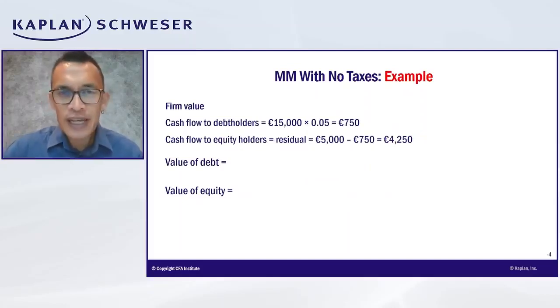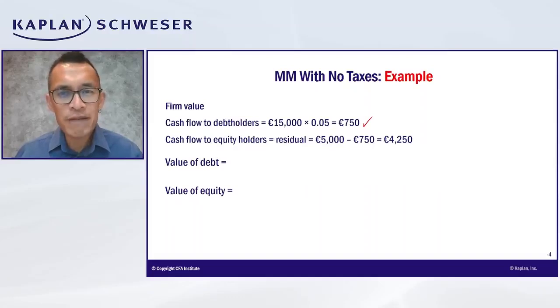In this example, we're going to continue with the annual cash flows of $5,000, and so we know that the first $750 has to be allocated to the debt holders based on the 5% interest on the new debt of $15,000.